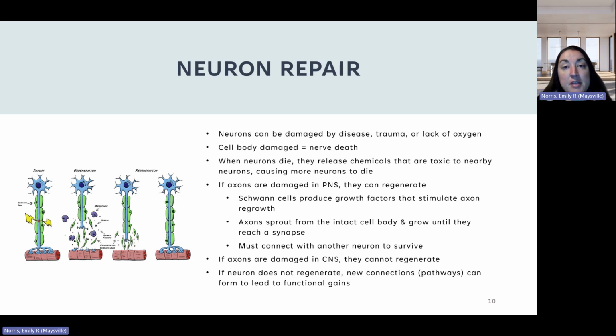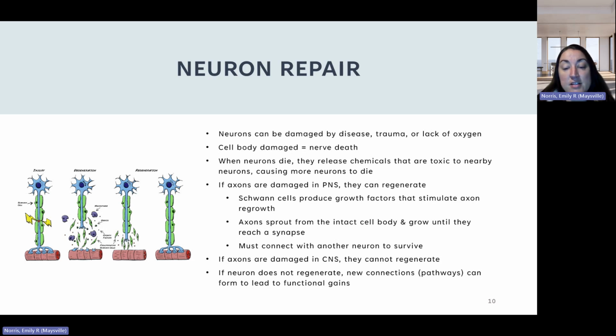They grow very slowly, and if it's a long axon or a long neuron, long nerve, then it could take months or even years to fully regenerate and reach that synapse. But as long as it hasn't reached it, it will continue to grow. It must connect to another nerve to survive. So if it gets to a place where it just never reaches another neuron, then it will die.